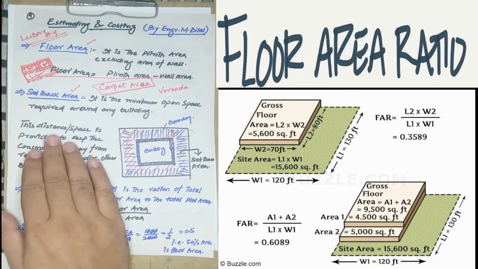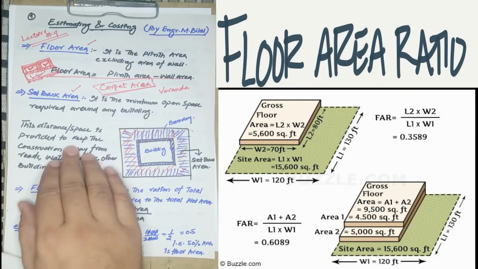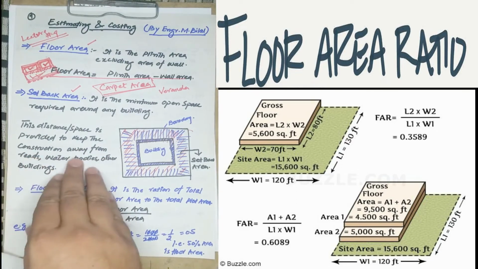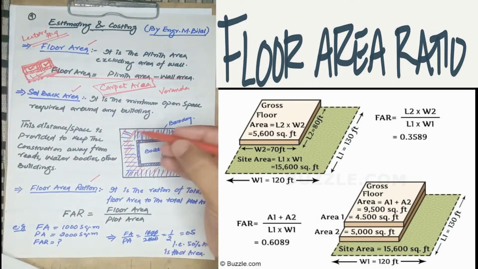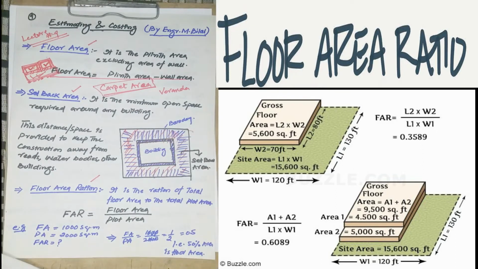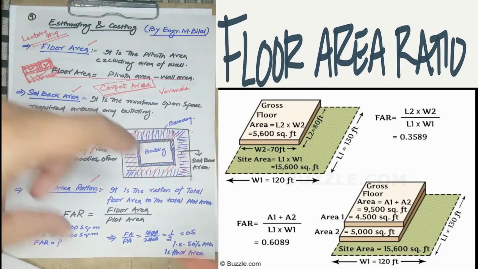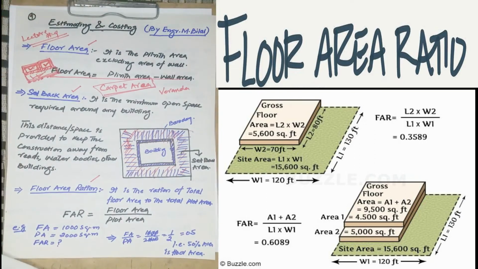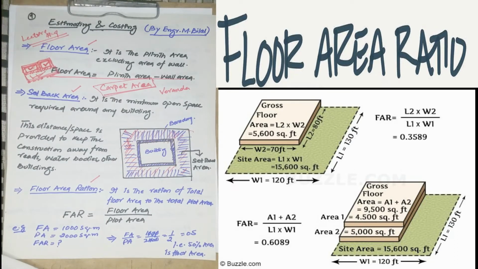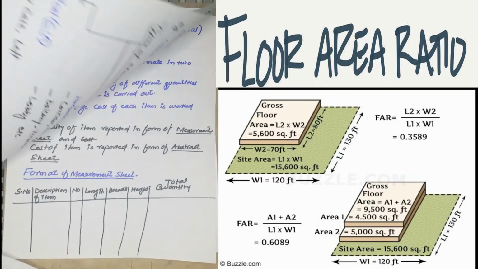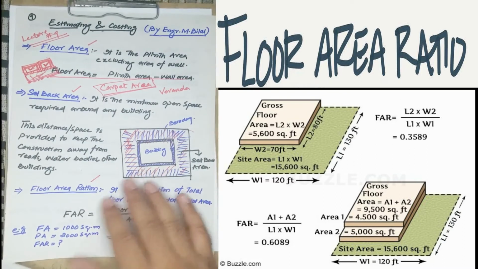This distance or space is provided to keep the construction away from the road, water bodies, and other buildings. This area is very influential for ventilation, as well as for the water supply and sewage line. So this area has great importance in the field of civil engineering and architecture. This is called the setback area.